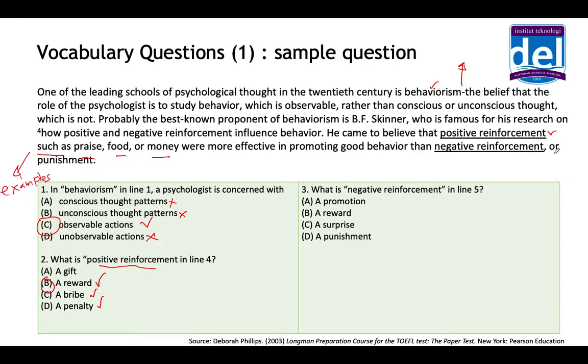After negative reinforcement there is the word or, and this is a structural clue that signals a restatement. So this is an example of restatement. And after or we've got the word punishment. So the answer is clearly stated in the text, and the answer is a punishment, D.